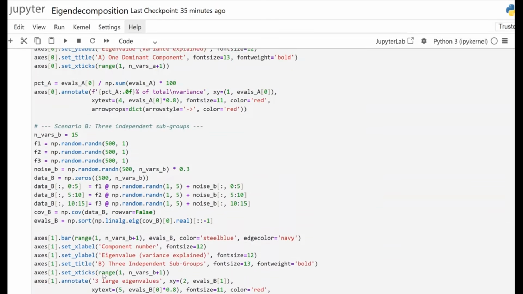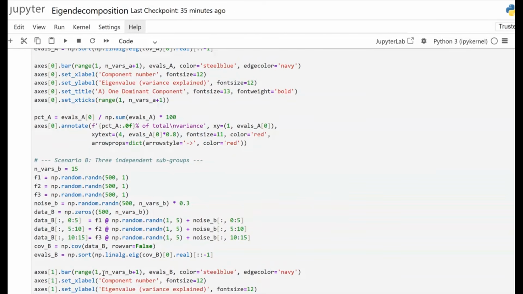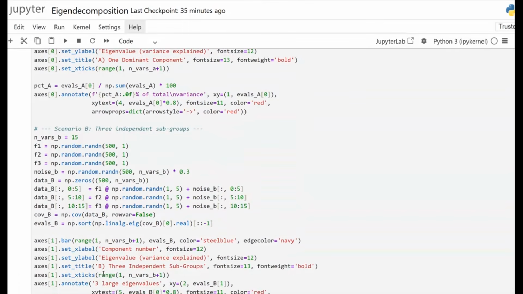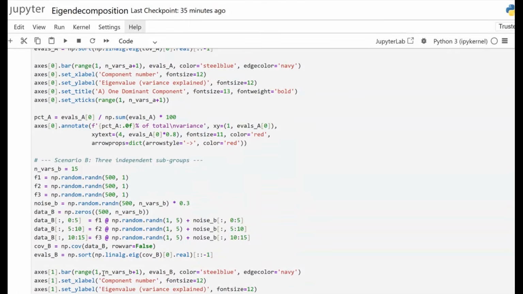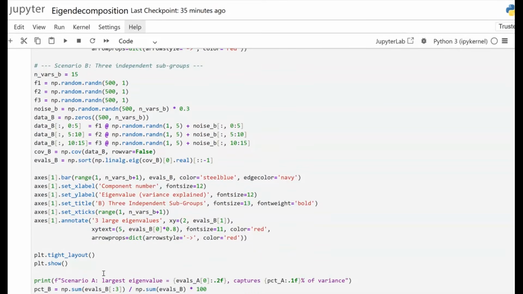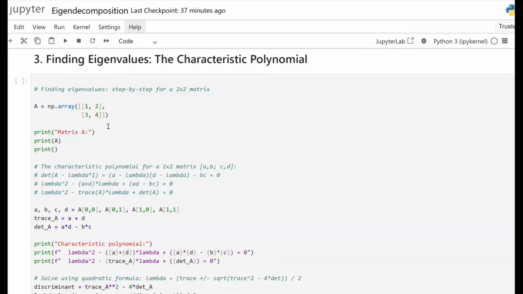So this code summarizes 1 shared factor, 1 dominant eigenvalue and a single structure in scenario A, and 3 independent factors, 3 dominant eigenvalues and 3 structures in scenario B. The scree plot serves as a diagnostic tool that converts covariance structure into an interpretable visual of the data's latent geometry.